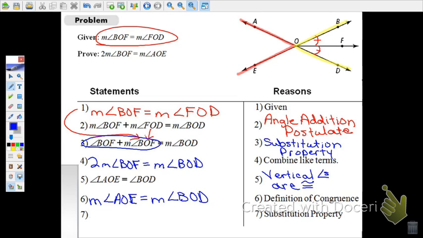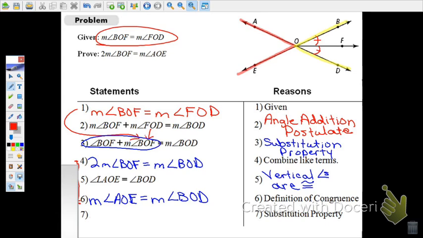And then I know my last step involves substitution. What is that last statement? 2 times the measure of angle BOF. Okay. Because what we're doing, substituting, is we're using statements 4 and 6.